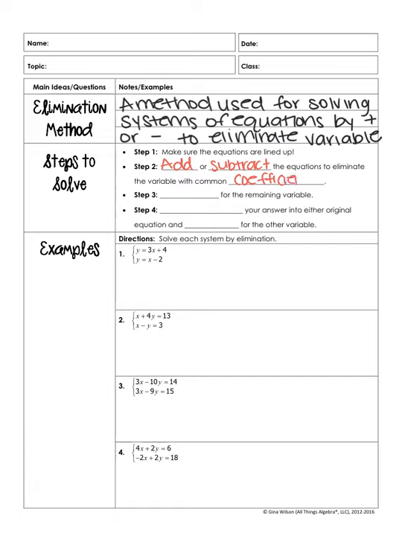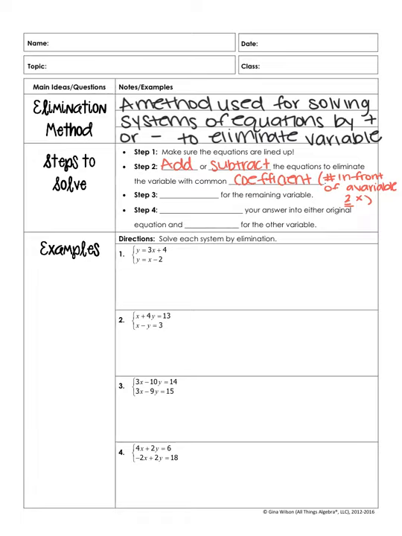So remember, a coefficient is the number in front of a variable. So for example, if I said 2x, 2 would be the coefficient.